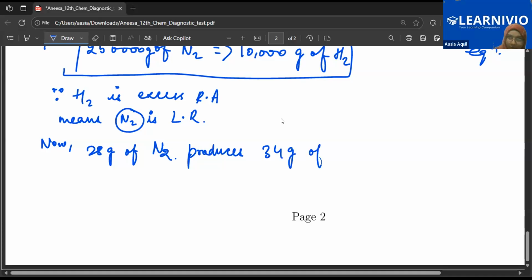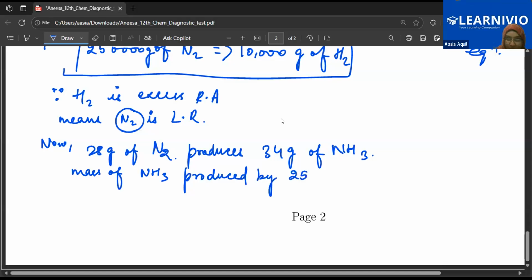So what will be the mass? The mass of ammonia produced by 25,000 gram of N2 will be, means from 25,000 gram of nitrogen how much mass of ammonia will you get? So it will be 34 divided by 28.